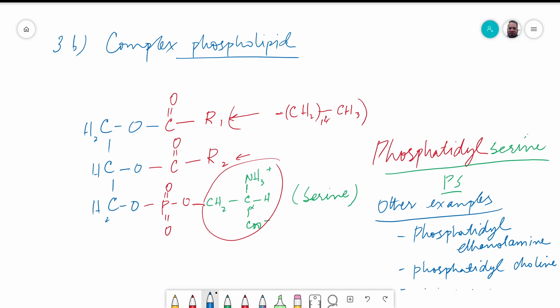So just know one of them. This is good enough because you know serine and you can just draw serine, but please make sure this is a phosphoester linkage here. Okay.